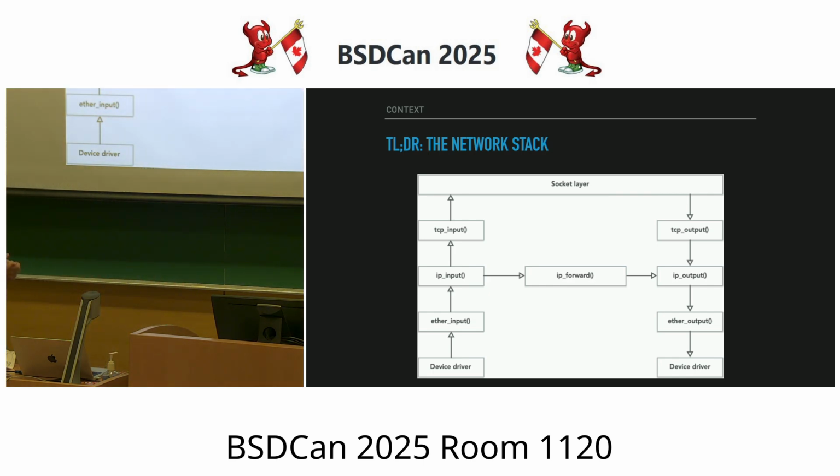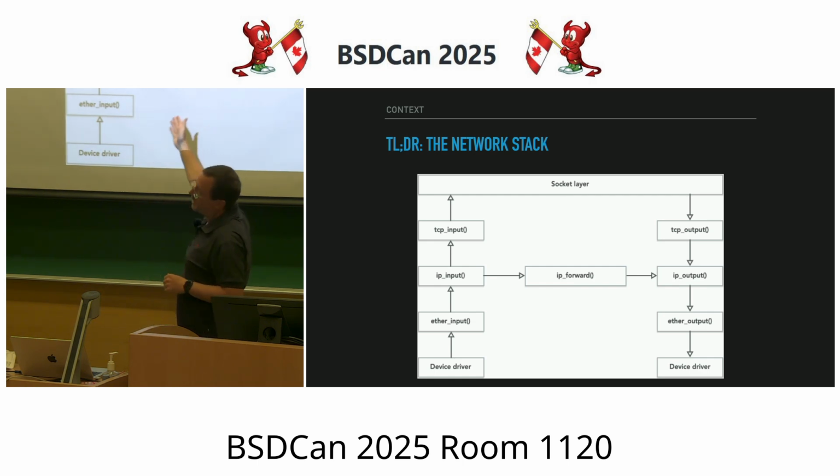Anyway, the network stack. What happens, packets come in, device driver does magic, let's not get into what they all do, hand the packet over to Ethernet input. This of course assumes that it's an Ethernet packet, but the entire world is Ethernet. We can just forget that anything else exists. The Ether input function will demultiplex this because it could be an IPv4 packet, an IPv6 packet, it could be ARP, it could be spanning tree, it could be any number of things.